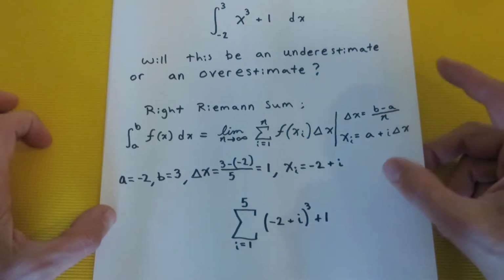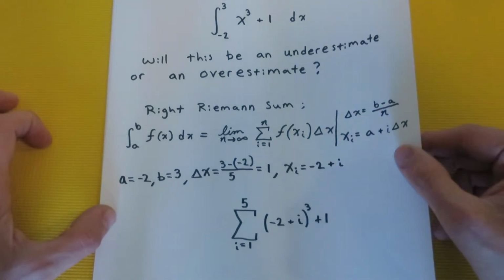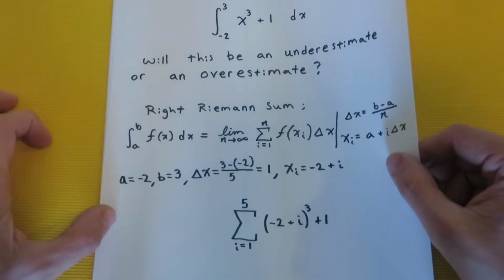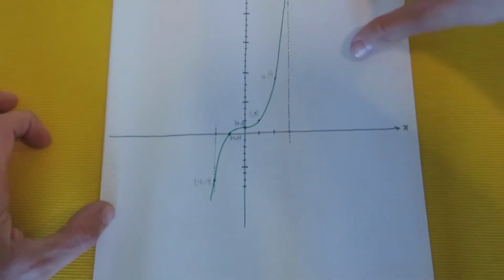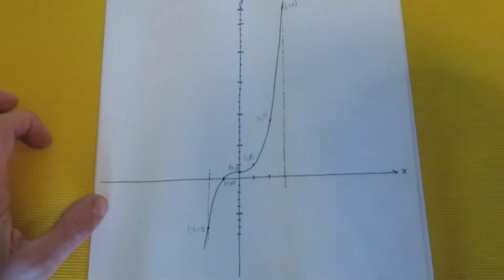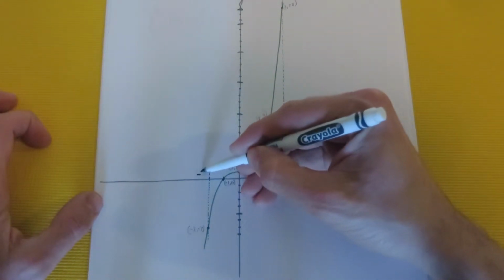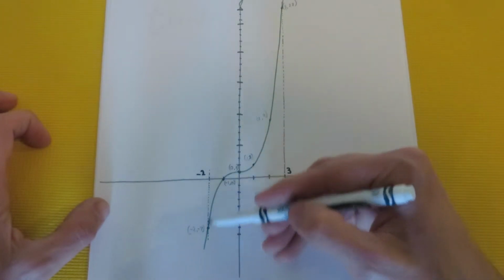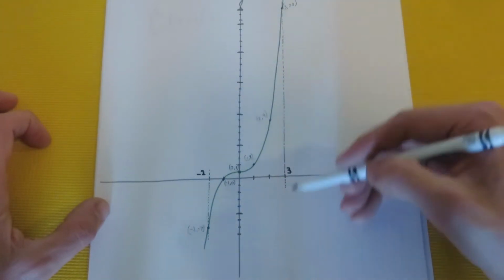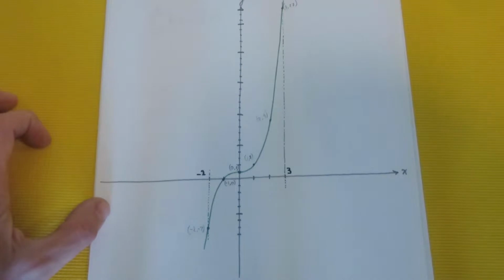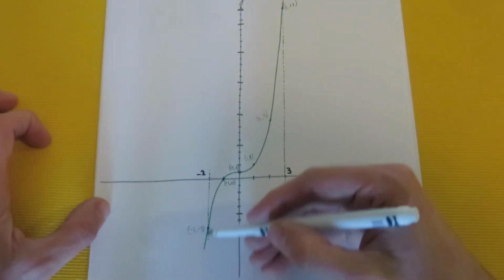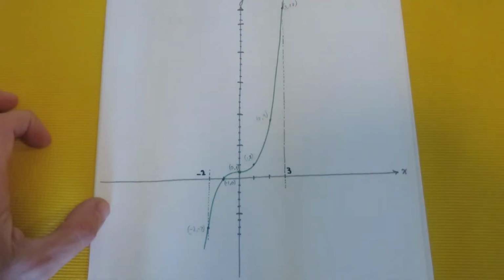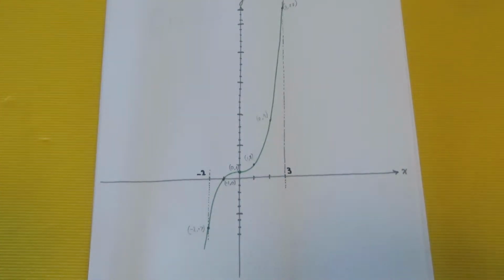Before we begin to evaluate this, let's just take a look at what our function is going to look like over this interval. So here we have the interval from -2 to 3. And notice that I've already drawn our boundaries here, and our function appears in green. So we're just going to approximate this using right endpoints.